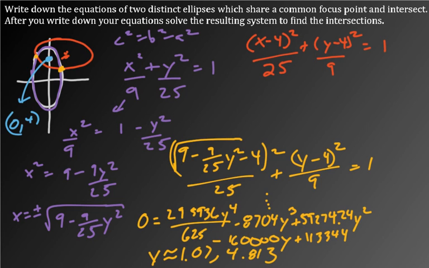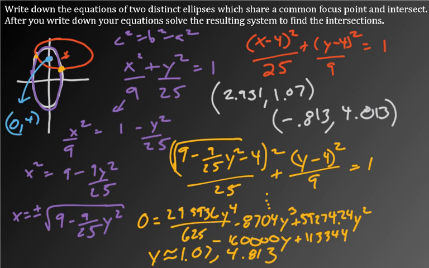So the one that goes with the 1.071 is 2.931, and then the one that goes with the 4.813 is negative 0.813. And those are pretty quick because they literally just come out of this.